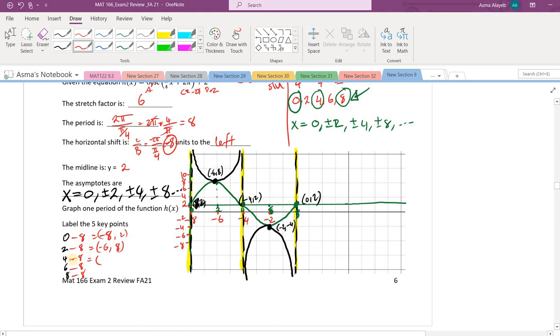And then this is negative 4 and 2. I'm missing one here. Let me erase the last one here. 6 minus 8 is negative 2, and negative 4. And then the last one is 8 minus 8, which is 0 and 2. So those are the important points. You either write them here or label them here. It doesn't really matter.